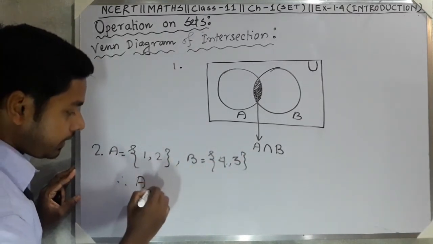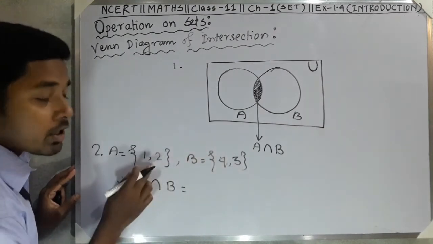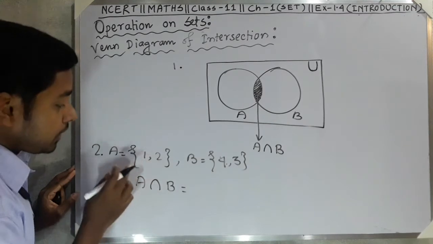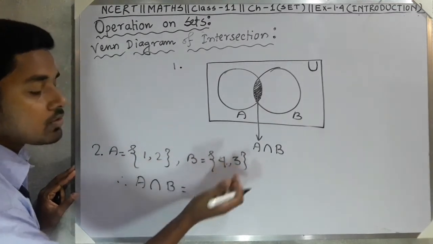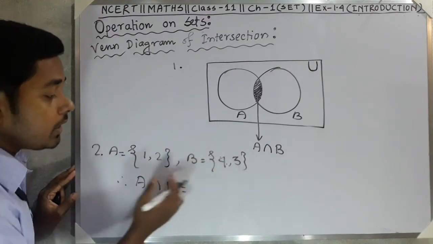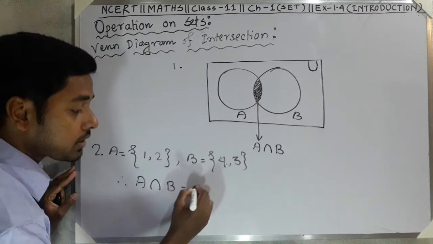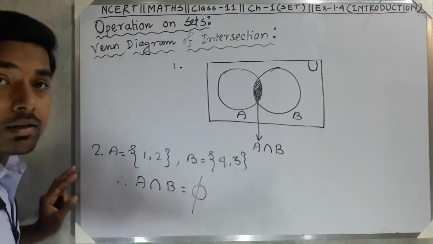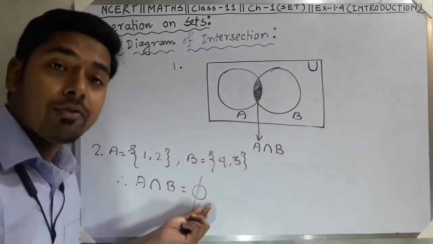We are not having any common point for A and B: here 1, 2 and here 4, 3. So A intersection B is equal to phi. No common point means no element, that means it is the empty set.